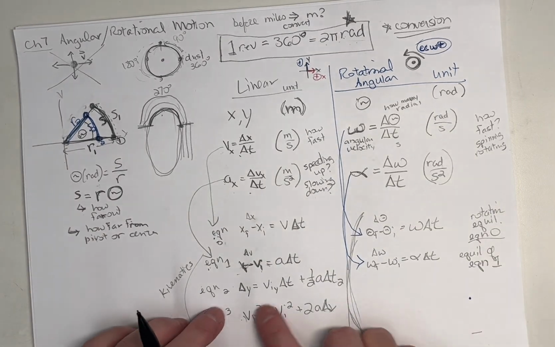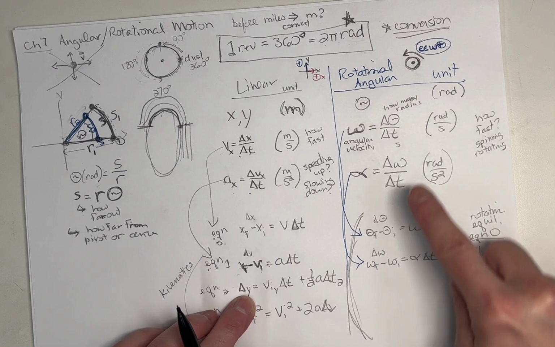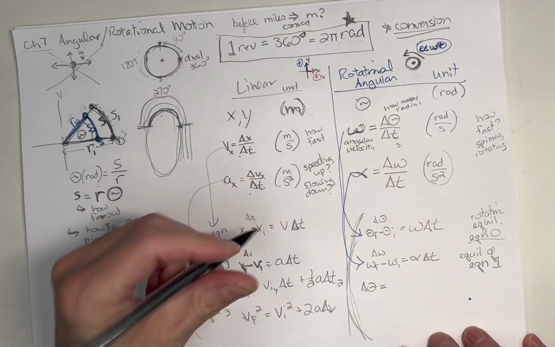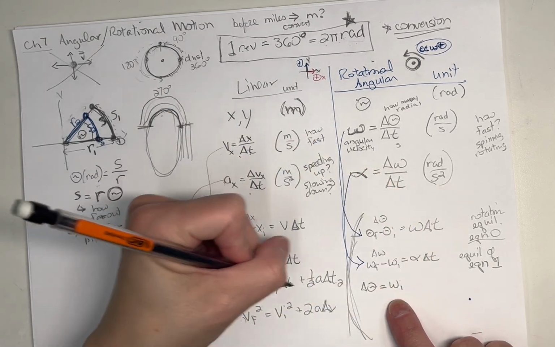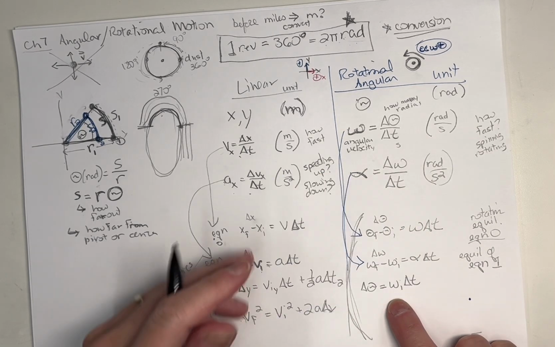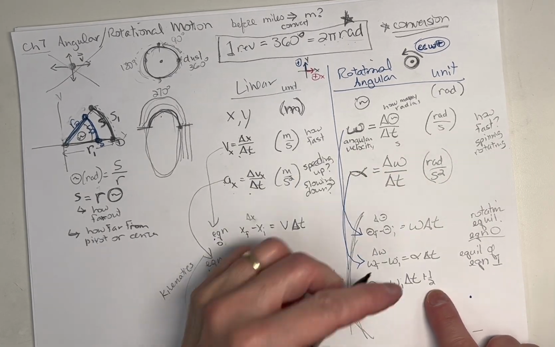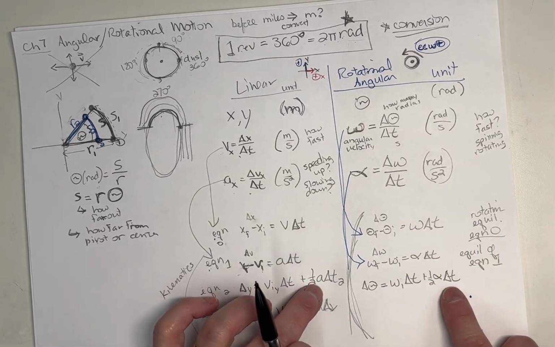Let's keep going. Equation 2. I have a change in displacement. That's going to be delta theta equals initial velocity times time, plus 1/2 angular acceleration times time squared. So these are parallel ideas.